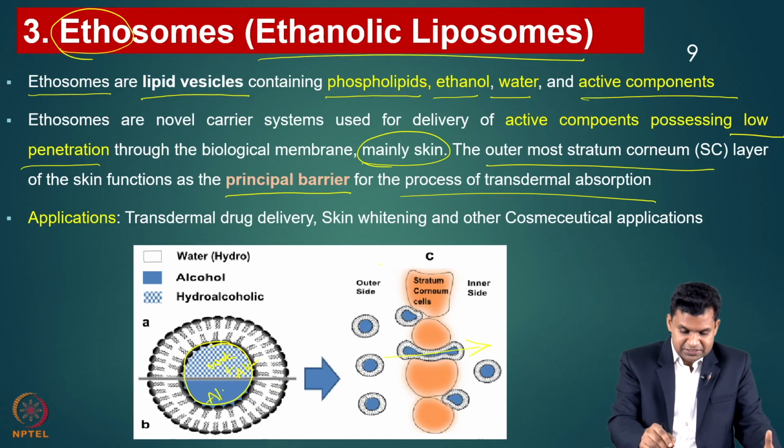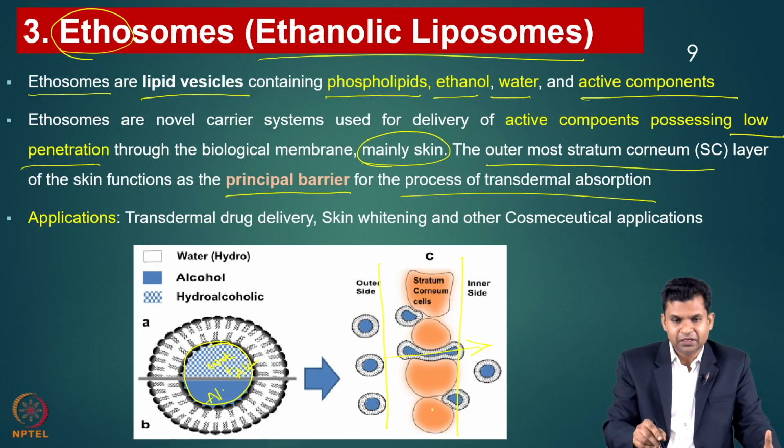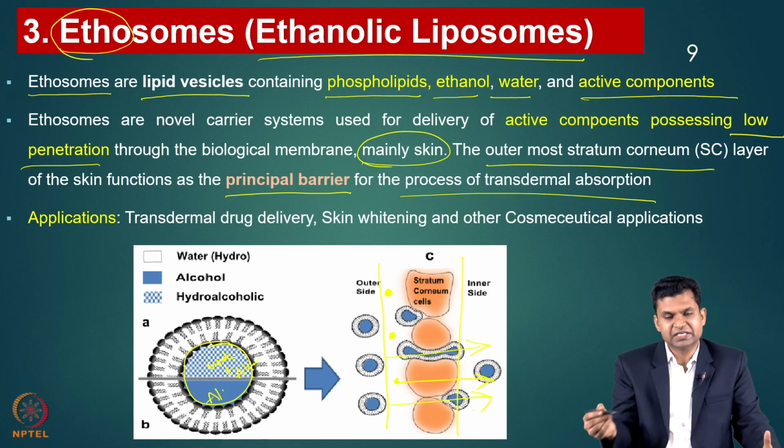Now we can see this is the outer side, this is the inner side. This is a barrier, the topmost layer of the skin. If you give any molecule of low penetration, it is very difficult for it to pass between these cells.